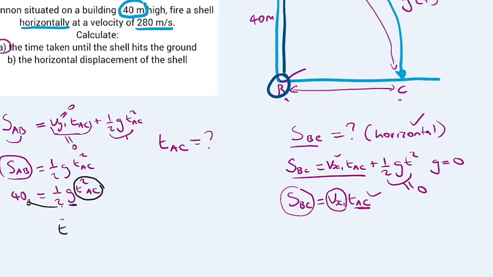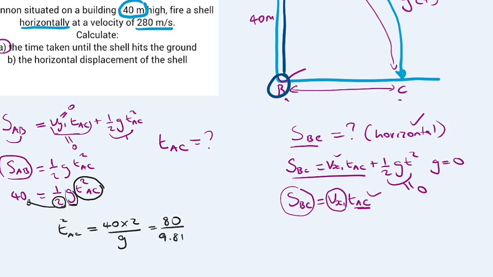It's going to be t squared AC equals 40 times 2, then divide by g, like this. Here it is 80 divided by 9.81.